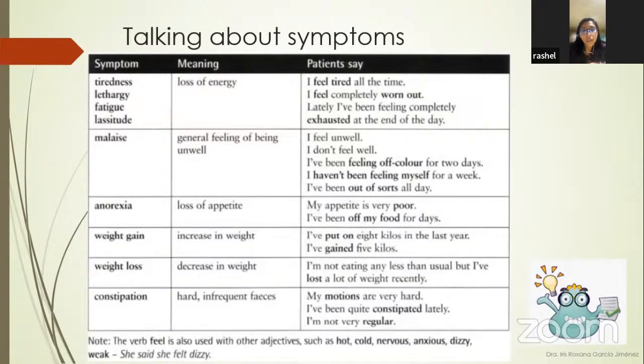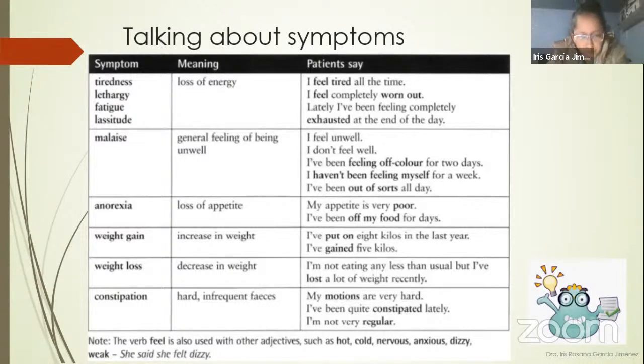Next, weight loss, and the meaning is decrease in weight. The patient says, I'm not eating any less than usual, but I have lost a lot of weight recently. And the last one is constipation, and the meaning is hard, infrequent feces.